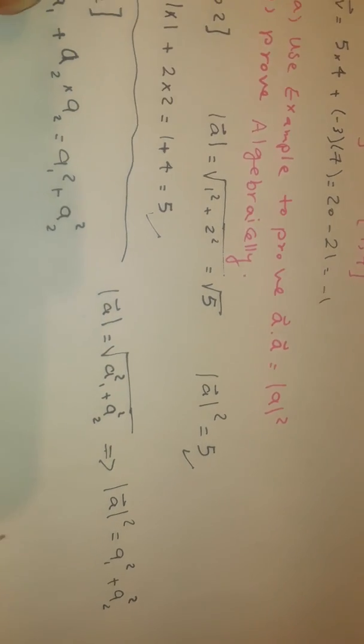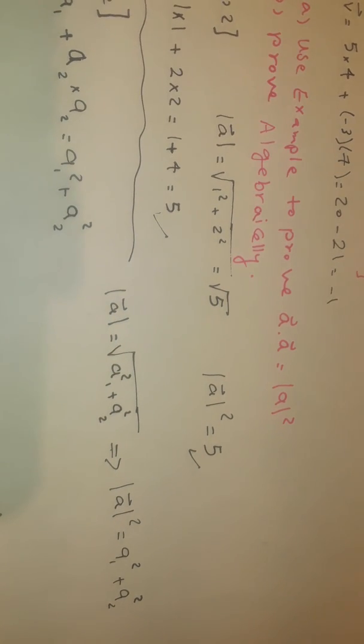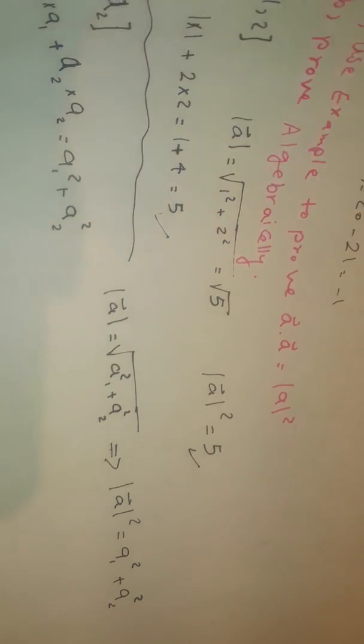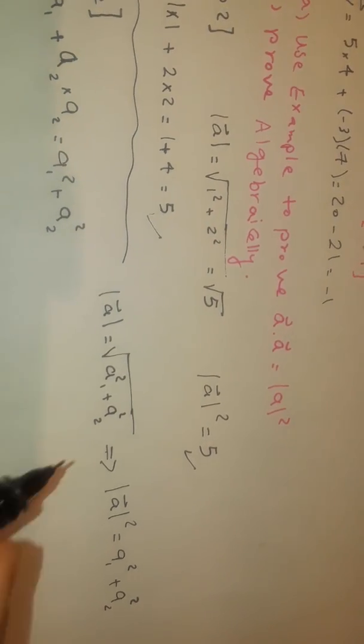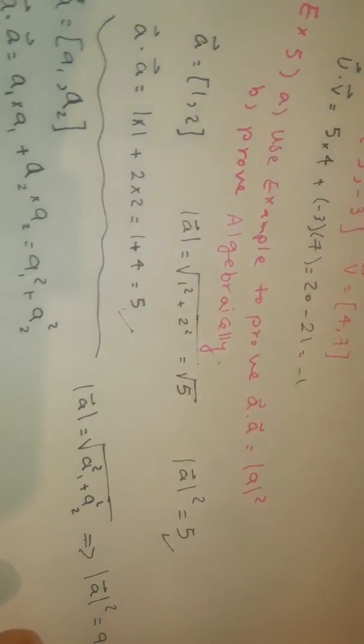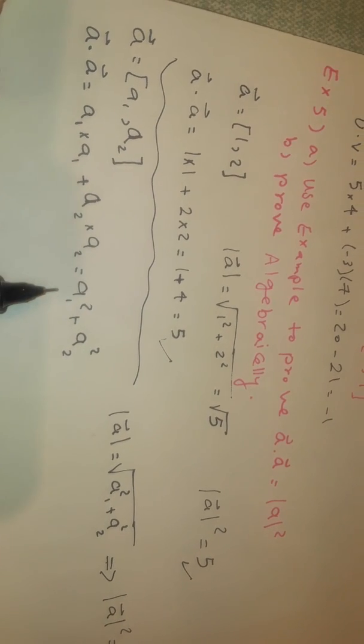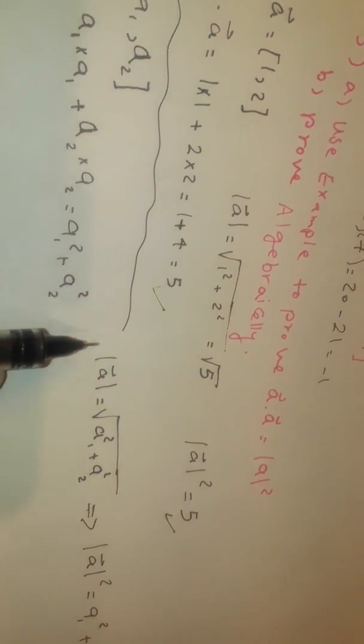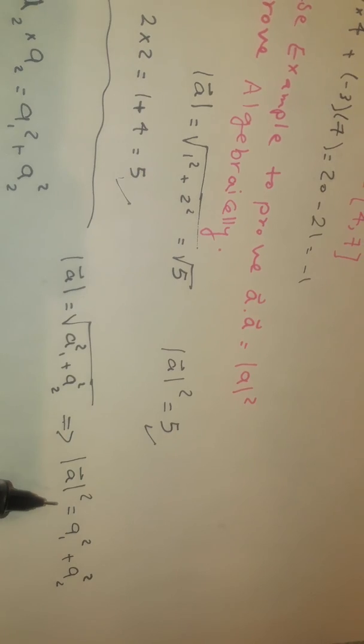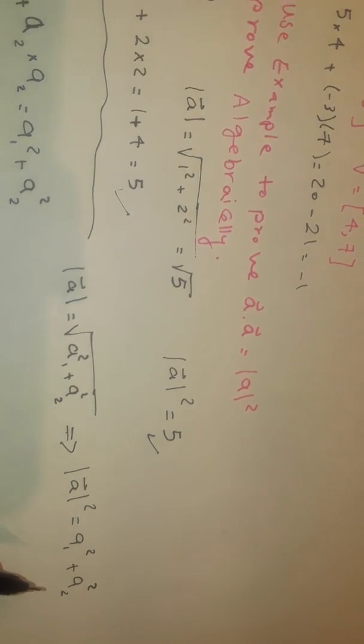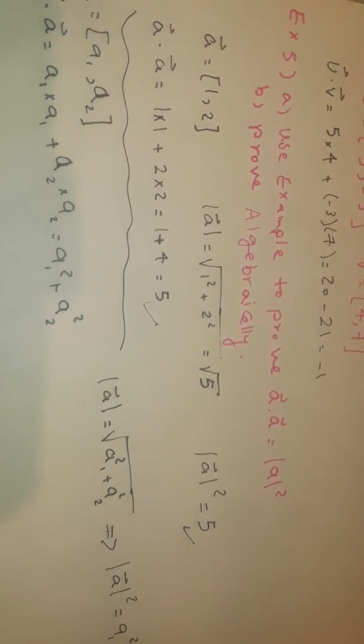See, I proved that a dot a is going to be a1 power 2 plus a2 power 2, and the magnitude of a power 2 is a1 power 2 plus a2 power 2. So they are the same. So algebraically, I did prove that.